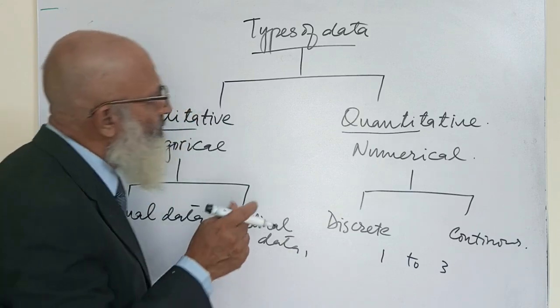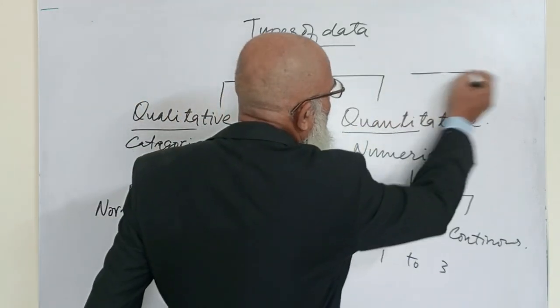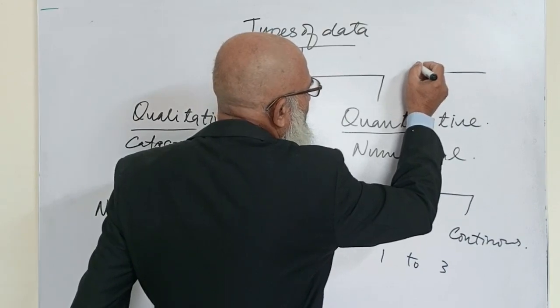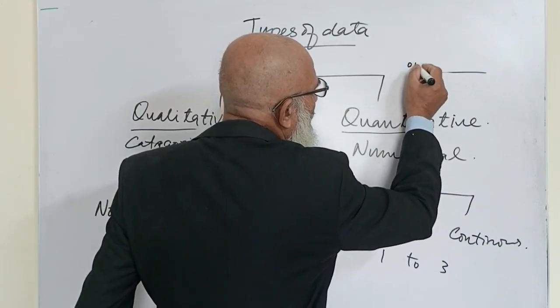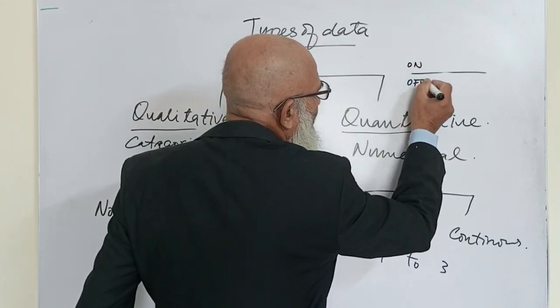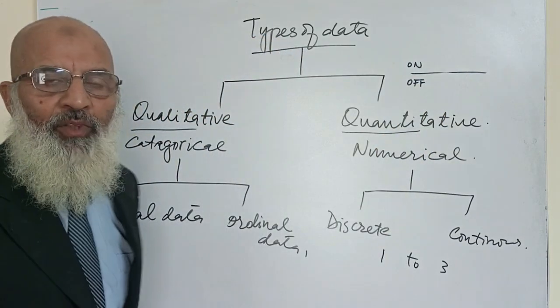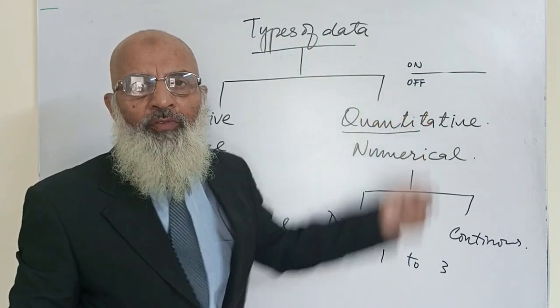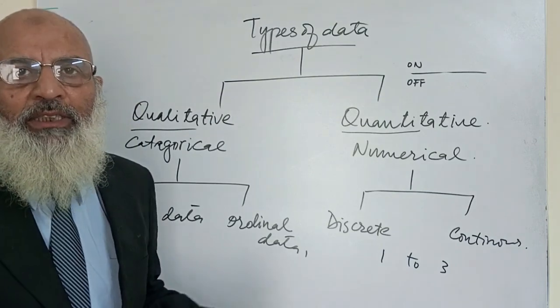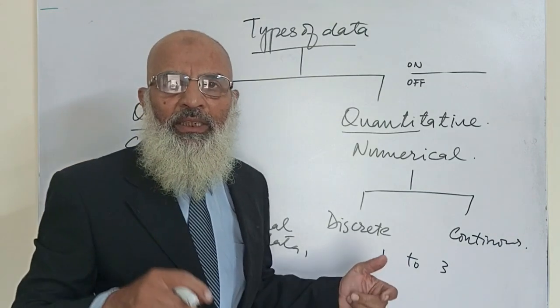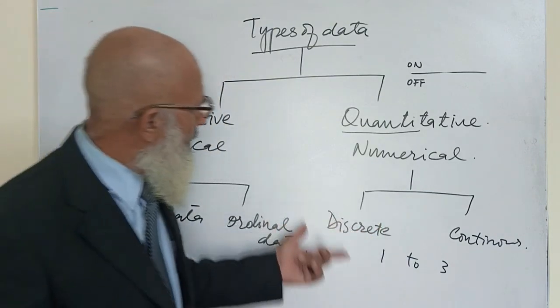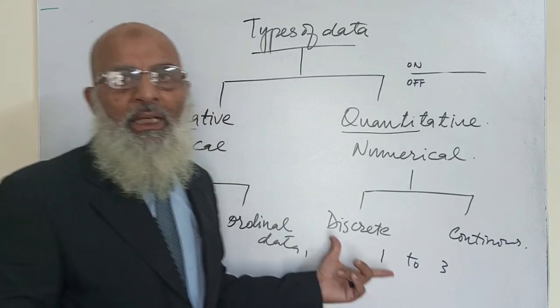One example I can give you also, that we have either on or off. We are sitting or standing, or there is sun or shade. These are the discrete data.